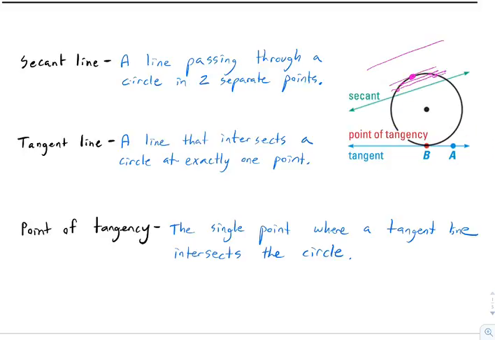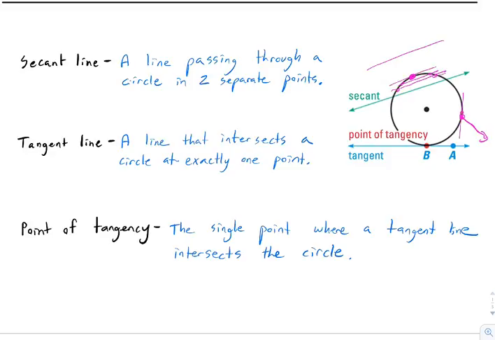So a tangent is any line, and a line is infinite in both directions, that passes through a circle in exactly 1 point, just skims off it and touches for a moment and keeps going, right? This wouldn't be the case if we drew some line segment or ray that hit and stopped and then went out. That doesn't count. This has to be a full line, infinite in both directions, that just touches for a sliver of an instant there, okay?